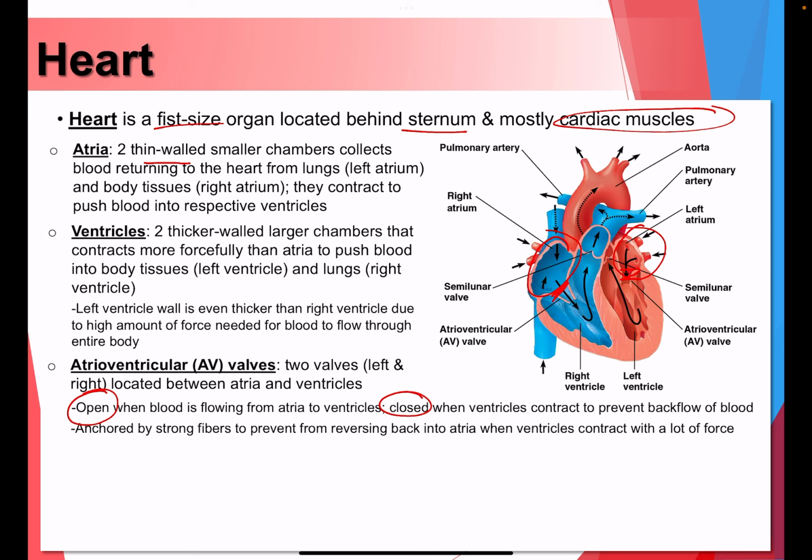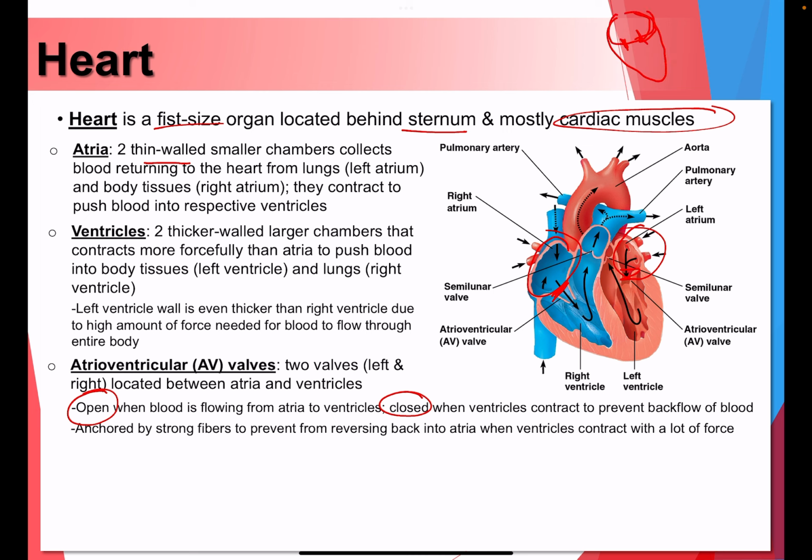So because of how powerful these ventricle muscles are compared to the atria, when they squeeze, if let's say it doesn't have any anchoring whatsoever, I'm going to redraw it up here. So this is half of the heart, this is the atria, okay?